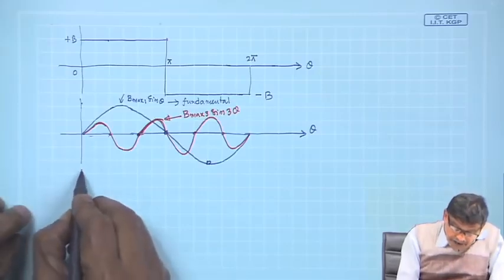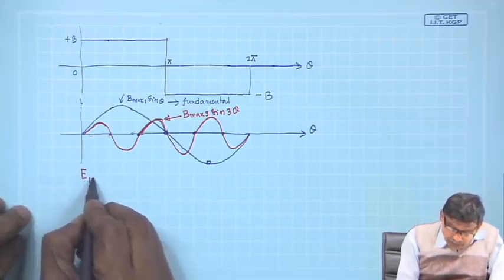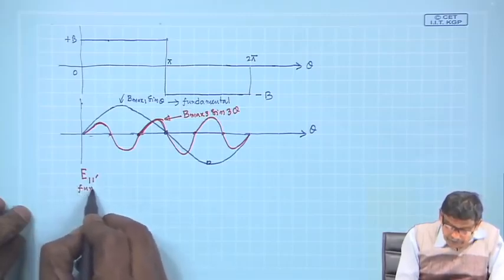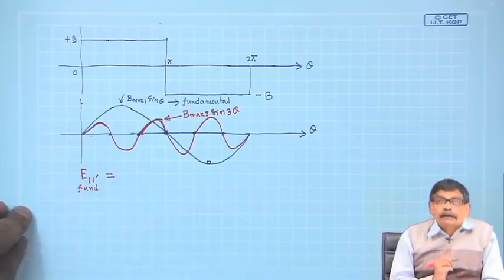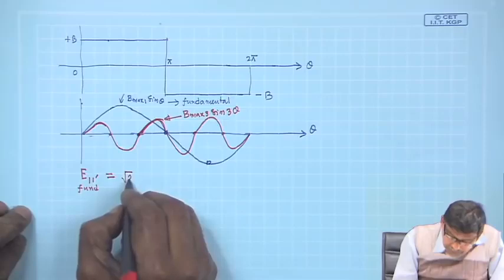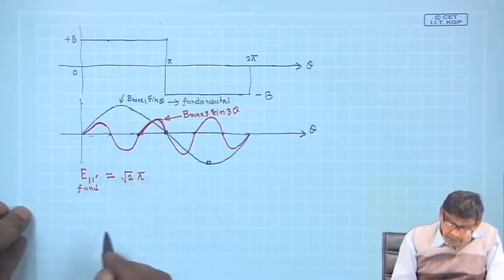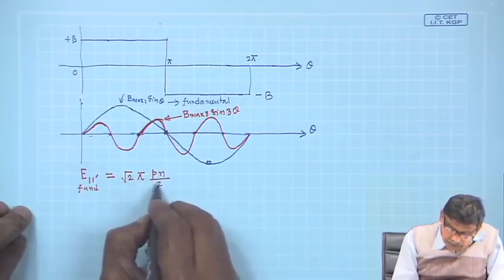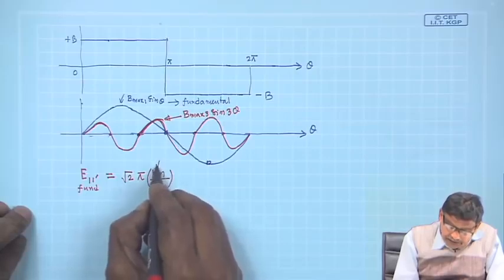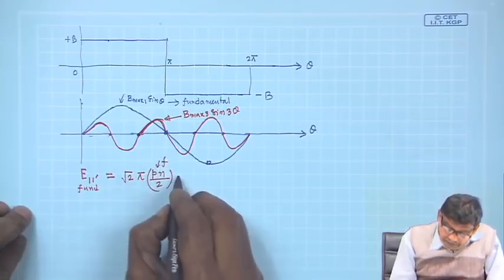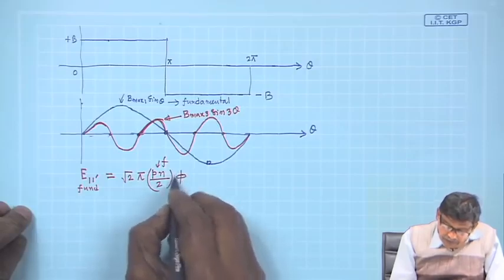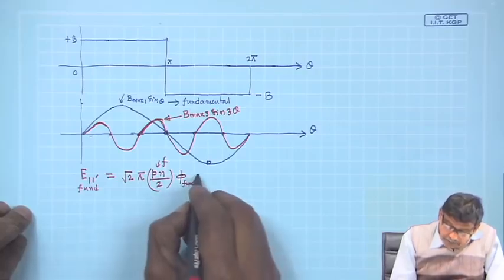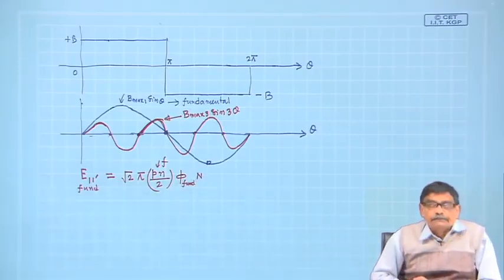Now, if I write it, the voltage V1 dashed, the fundamental component, it will be root 2 pi, p n by 2, that is f, fundamental frequency f, 2 pi f, flux per pole of the fundamental into the number of turns, that will be the RMS voltage.